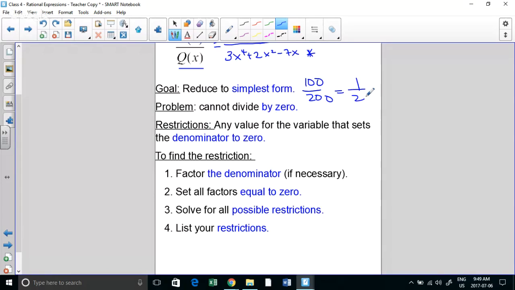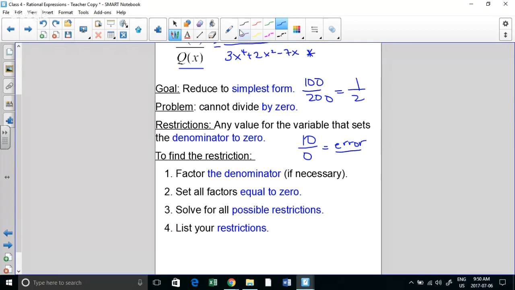But a problem we have now that we didn't have with fractions is what we call a restriction. So if you have your calculator beside you, type in 10 divided by 0, okay? If you try to type in 10 divided by 0, it'll give you an error. Because it is not mathematically possible, unless you're talking calculus terms, to divide by 0.